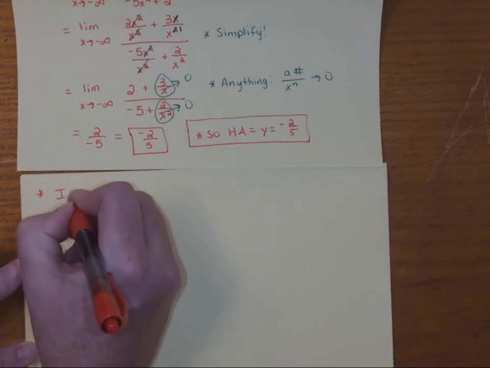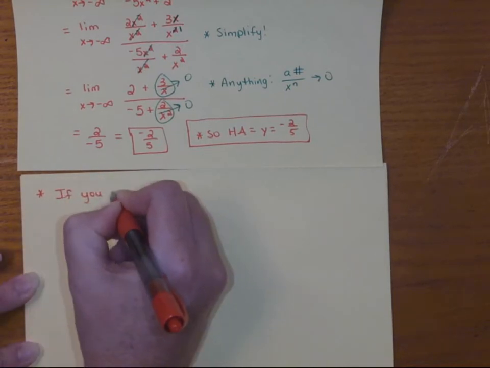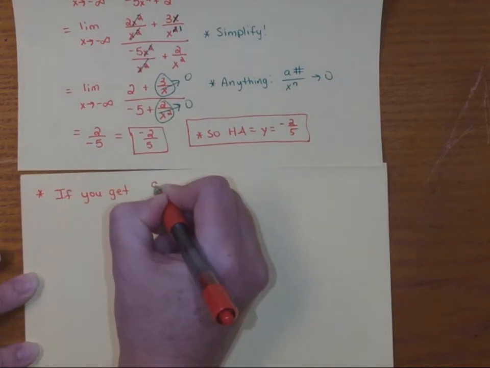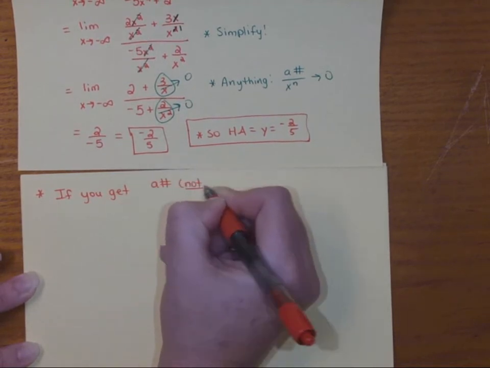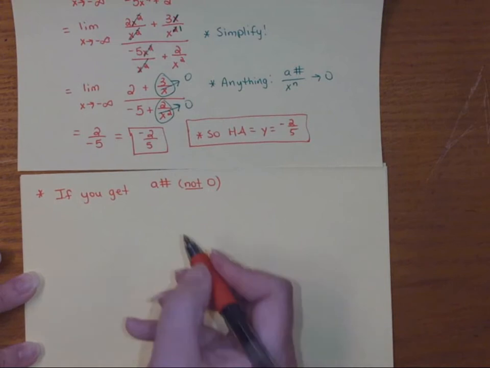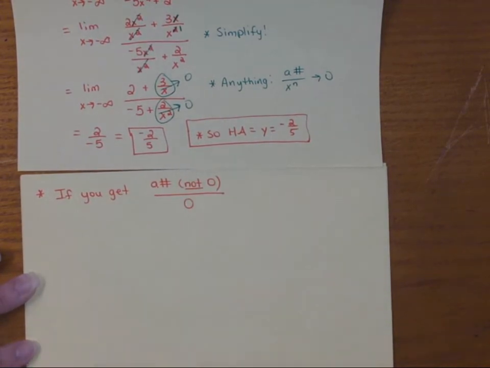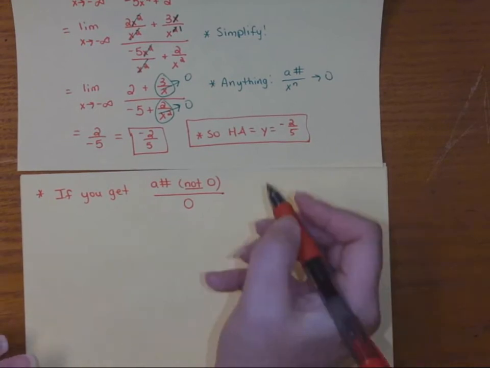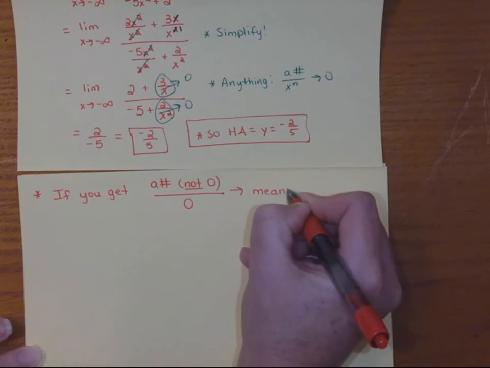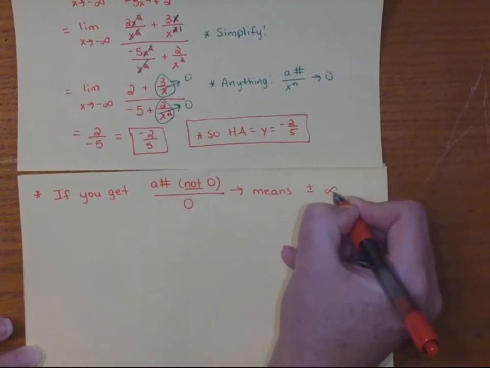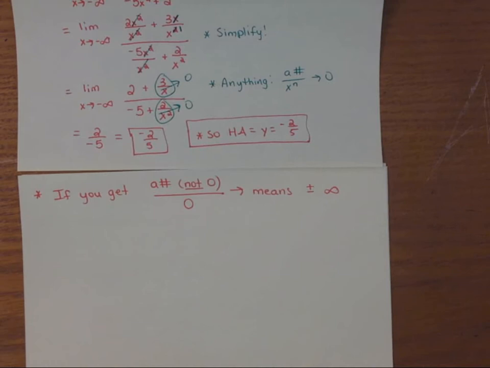So let's say you do this method and you get some number that is not 0 over 0. In other words, maybe you get 3 over 0, or -5 over 0, or 10 over 0. Those types of results mean the answer is either positive or negative infinity. We're going to look at an example of that in just a bit.